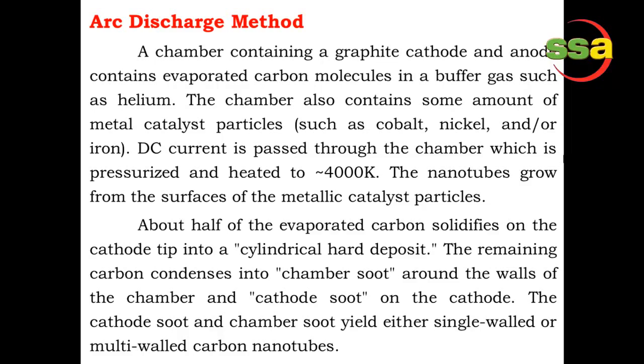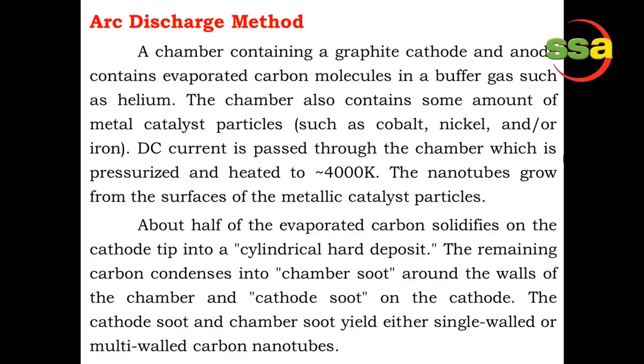The nanotubes grow from the surface of the metallic catalyst particles. About half of the evaporated carbon solidifies on the cathode tip into a cylindrical hard deposit. The remaining carbon condenses into chamber soot around the walls of the chamber. The cathode deposit and chamber soot yield either single walled or multi-walled carbon nanotubes.